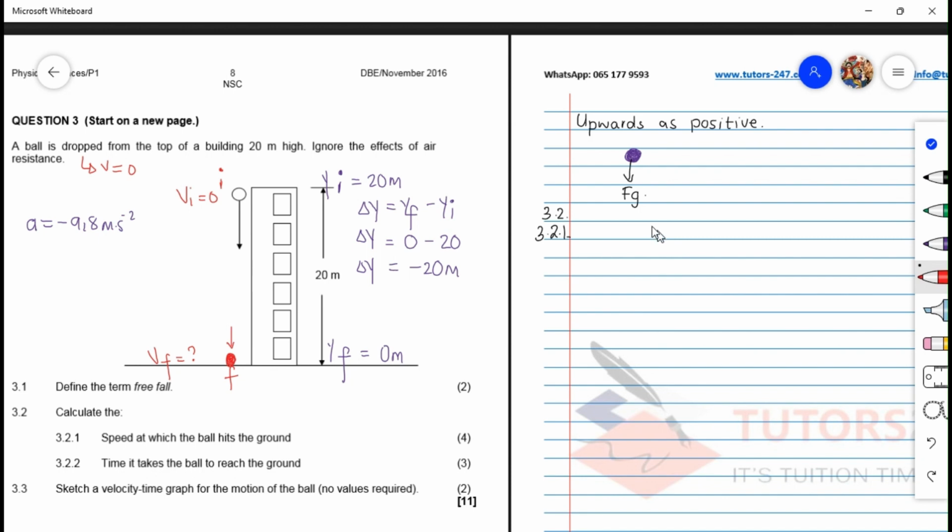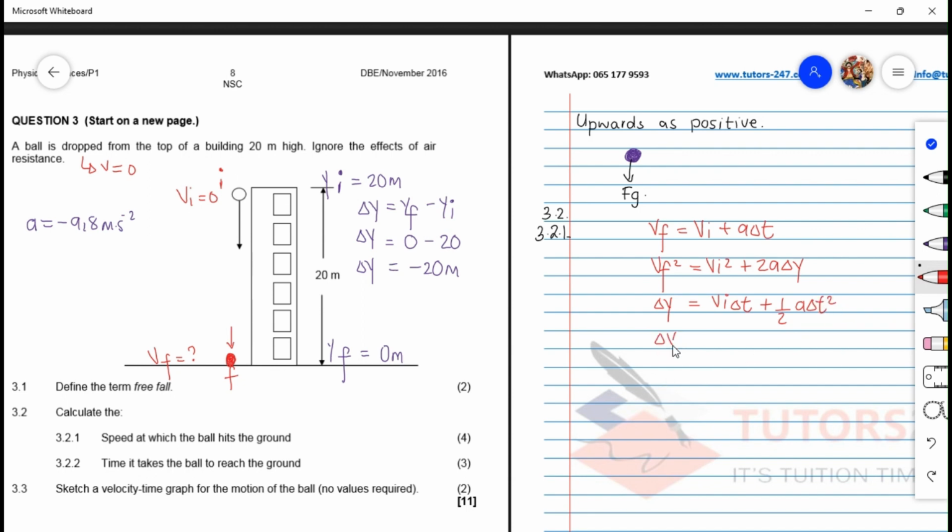We have four. Our first is Vf equals Vi plus a delta t. Our second is Vf squared equals Vi squared plus 2a delta y. Our third formula is delta y equals Vi delta t plus 1 over 2 a delta t squared.